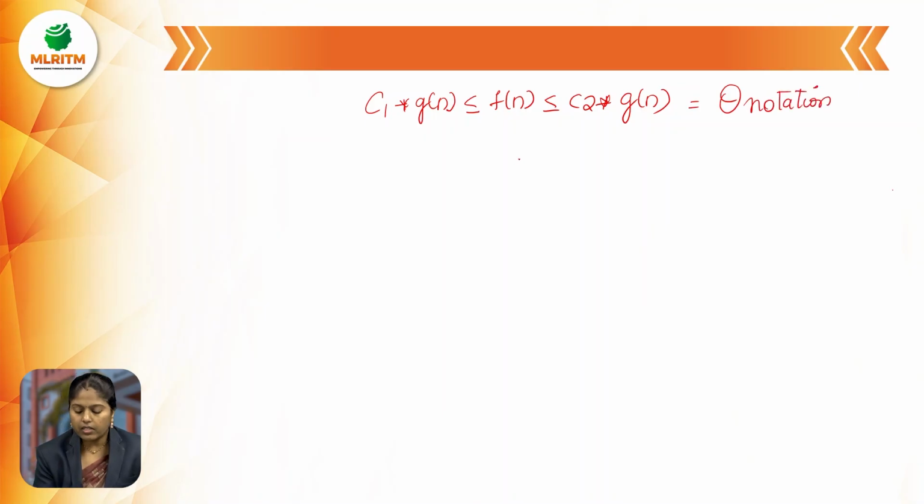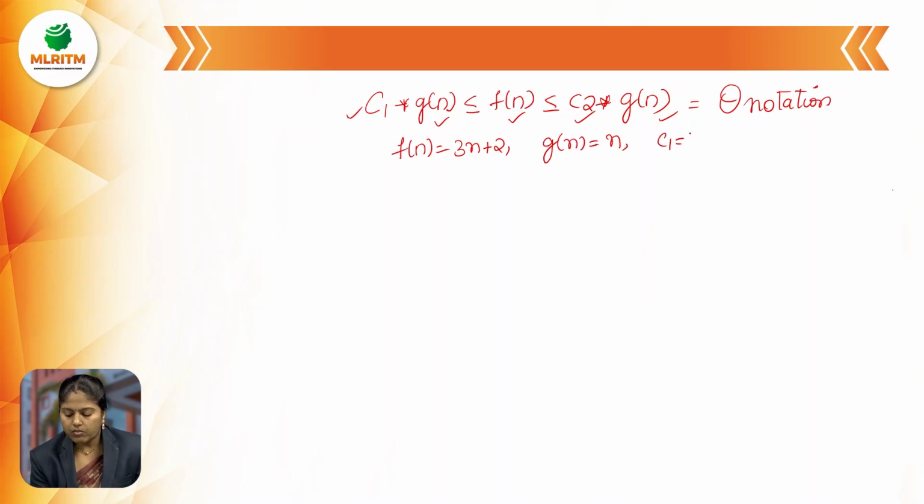In a theta notation, there will be two constants C1 and C2, and there will be an f of n and a g of n. For this, we have to assume f of n is equal to 3n plus 2 and g of n is equal to n, and C1 is equal to 1 and C2 is equal to 2. Now you substitute these particular values in the equation.